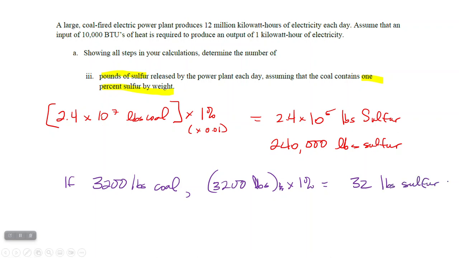Now, my numbers are wrong because I got the previous question wrong, but I was able to show that I know how to do this calculation.